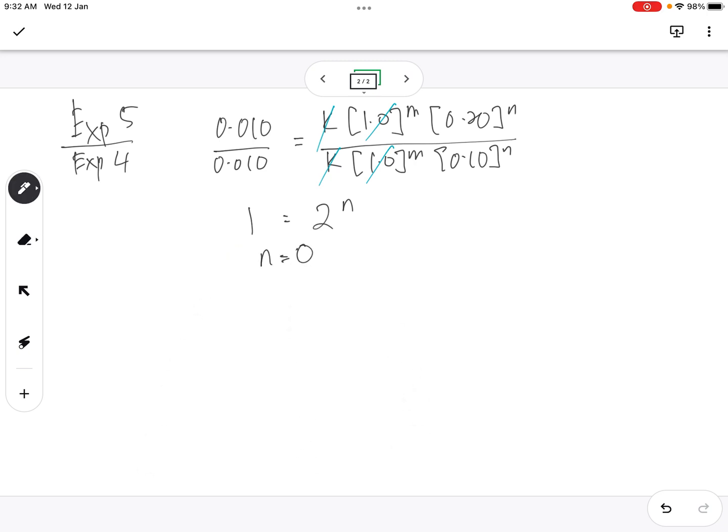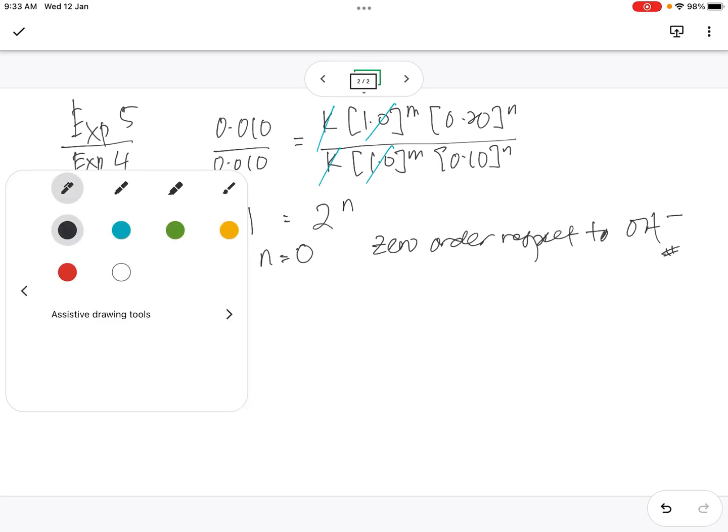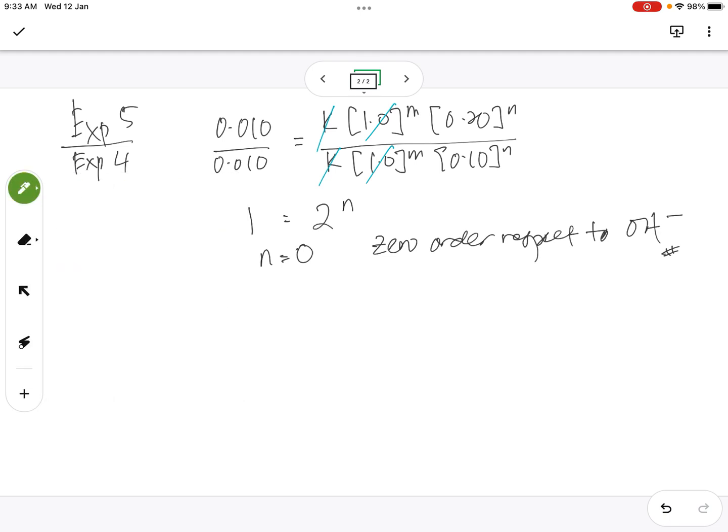So we have to do the conclusion here. Rate equals k (CH3)3CBr OH negative.